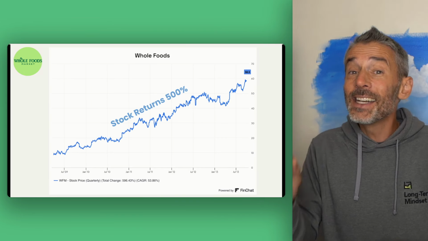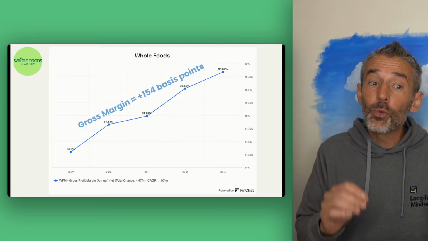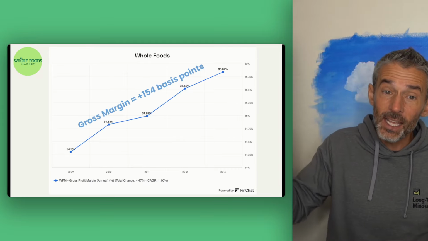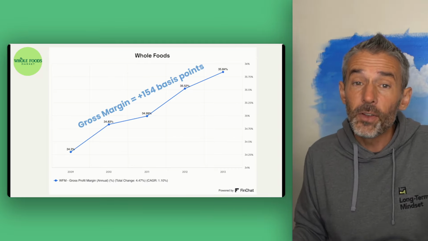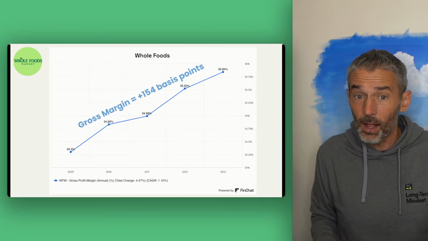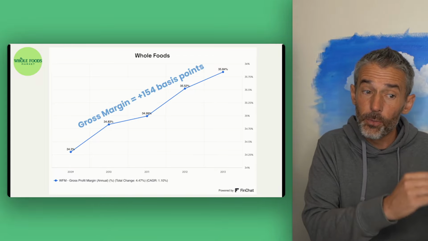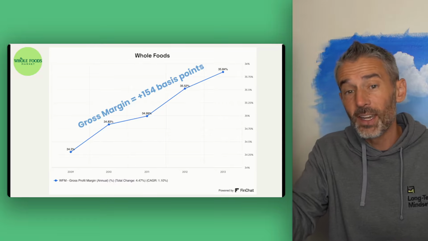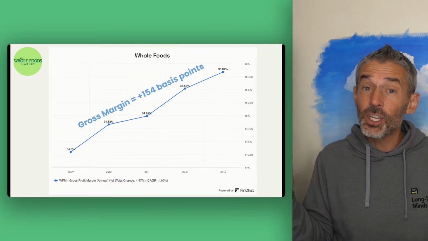Amazing. And it's not surprising that the gross profit margins expanded significantly, up 154 basis points during that time as well. Now, you might think it's a small deal to go from 34.3 to 35.84%, but that's actually a huge deal.